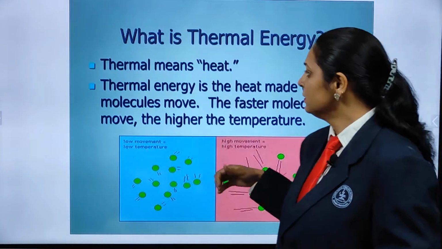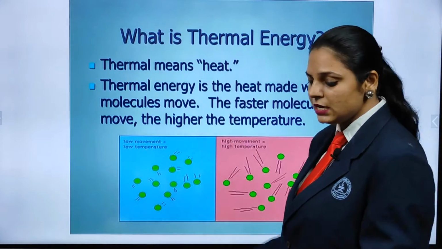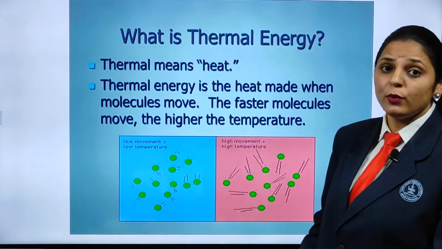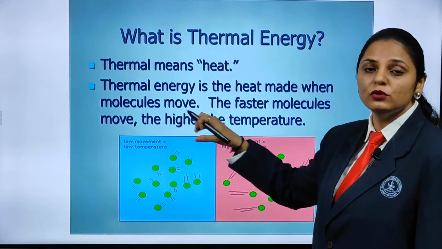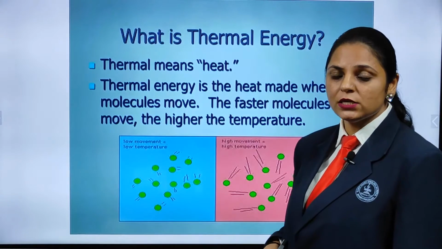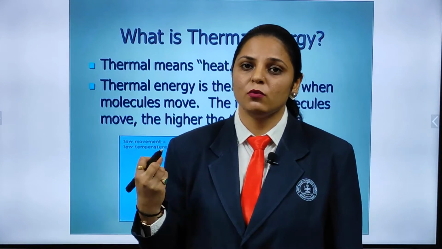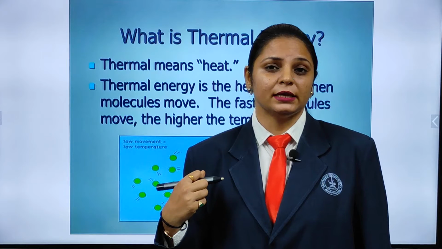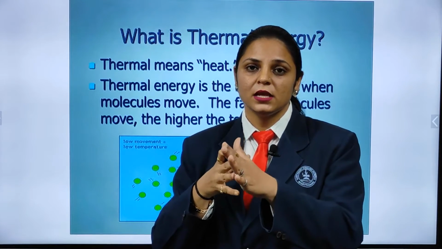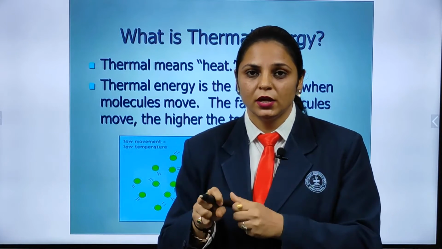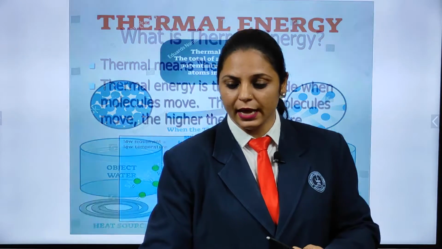It is very clear from the term that thermal means heat, and thermal energy is what provides heat or makes the heat happen. How? By moving the molecules faster. When you are heating some water or anything, and you provide heat to the substance, the molecules start moving faster. Random movement occurs, heat is generated, and the temperature becomes high.